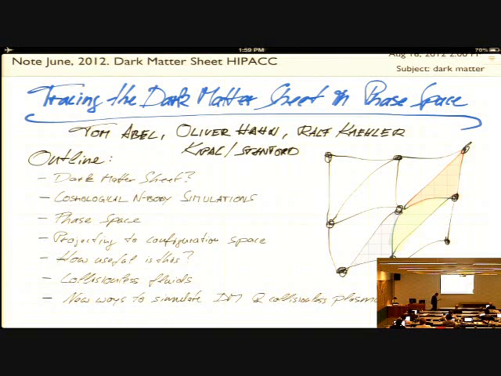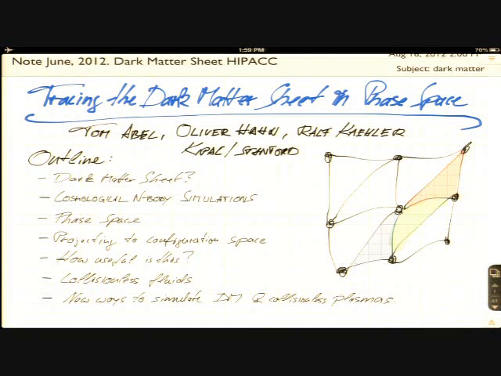Okay, so I'll talk about the dark matter sheet in phase space. First, I'll explain the concept, what's behind it, and talk a little about how we currently do cosmological N-body simulations when we want to understand how dark matter evolves over cosmic time. Then I'll show you how to put these concepts together to think of the dark matter as a fluid, and how to project it into configuration space to get highly accurate density estimates from outputs of numerical simulations.